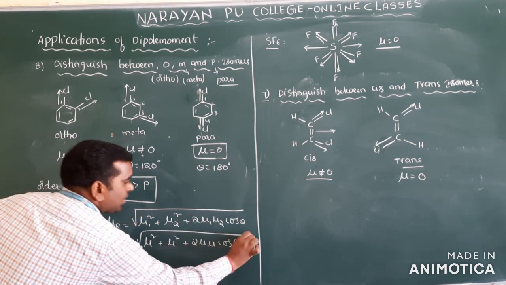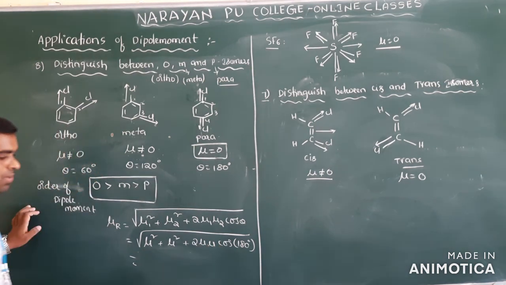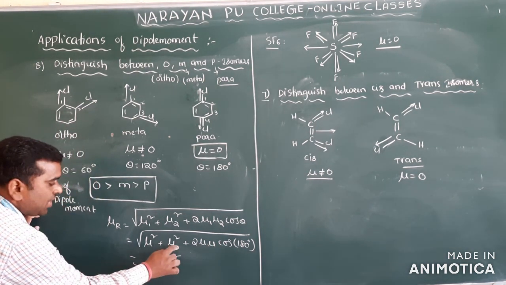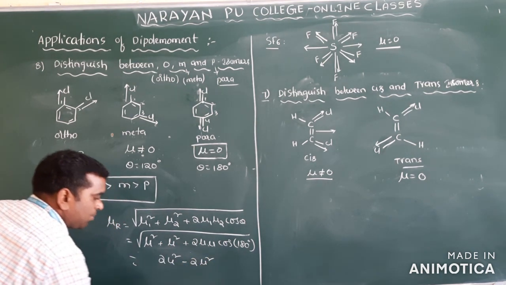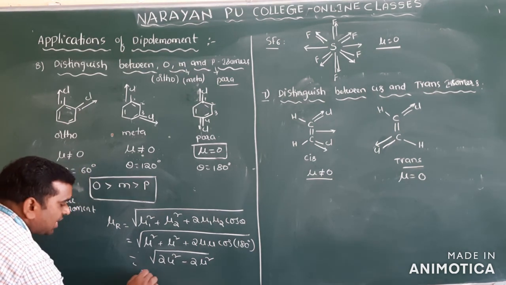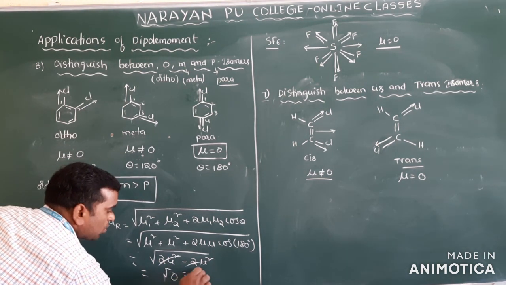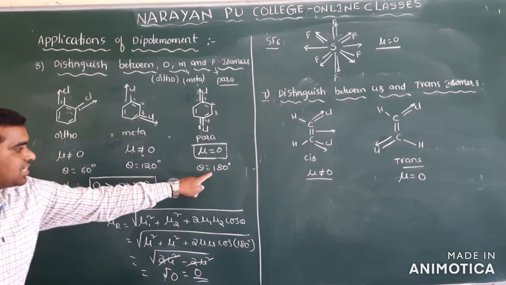Clear? Cos 180 is how much? Minus 1. So here you are getting 2 mu square, and 2 mu square with minus 1 means minus 2 mu square. So what will be the resultant dipole moment? 2 mu square cancels, root 0, so 0 is the dipole moment. So you are getting 0 dipole moment.